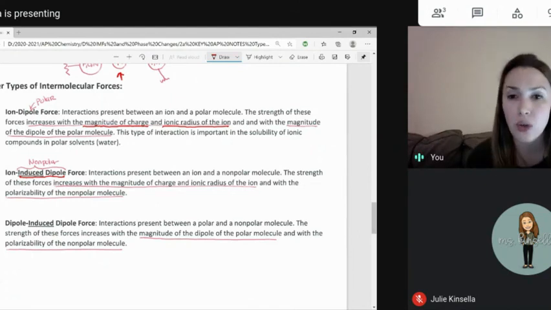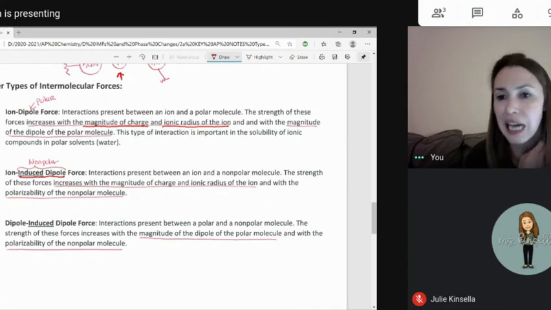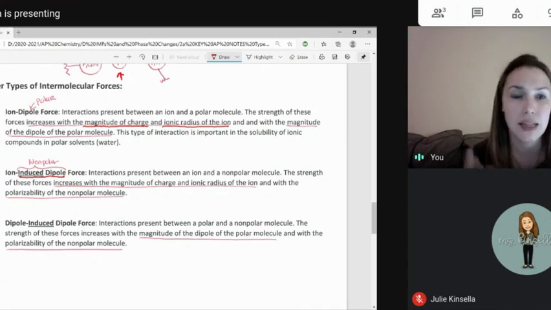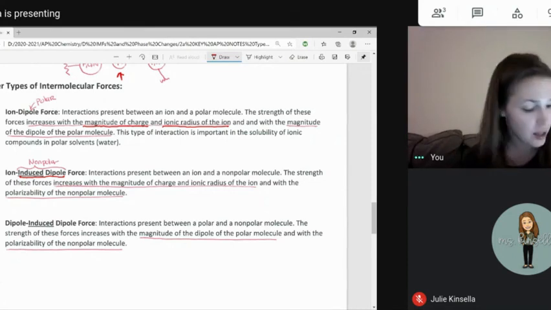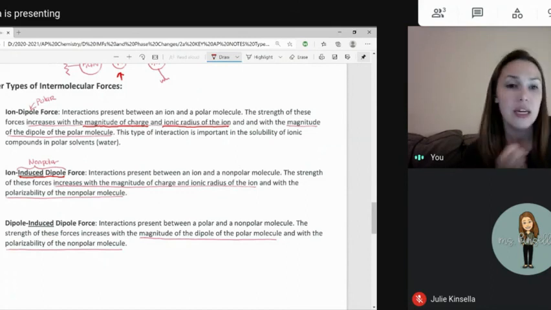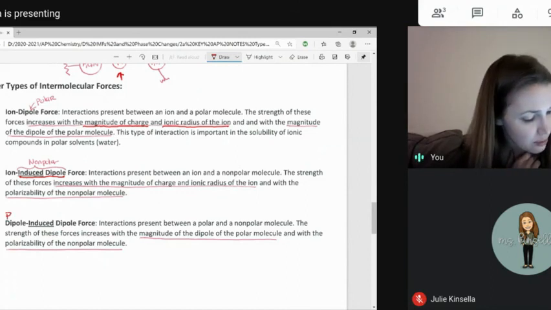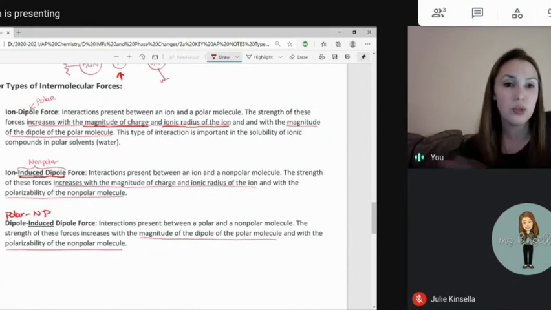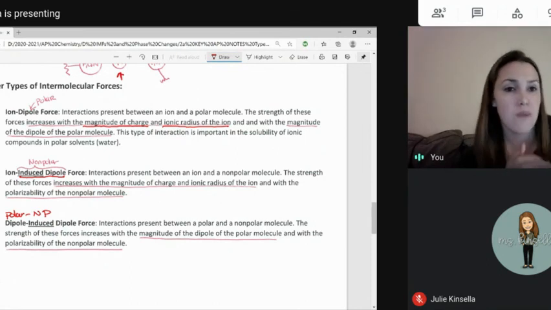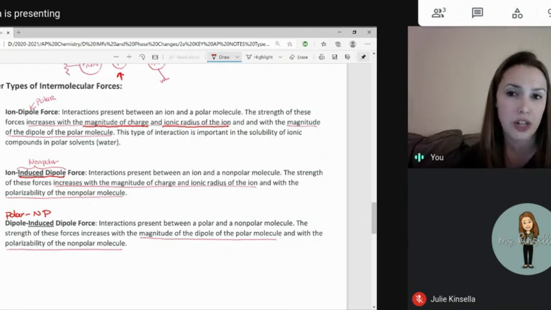Again, based on Coulombic attraction, you can figure out which is going to have a stronger ion-induced dipole force based on the ion's radius, charge, as well as the polarizability of the nonpolar molecule. And then dipole-induced dipole is between a polar and a nonpolar molecule. The polar molecule induces a dipole in a nonpolar molecule, and that creates an attraction between them.